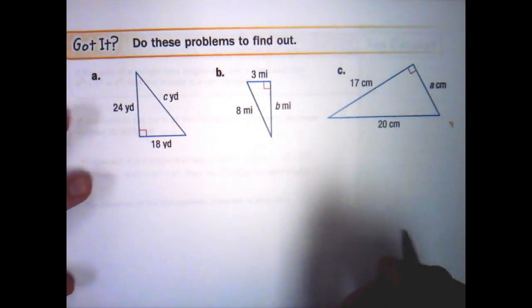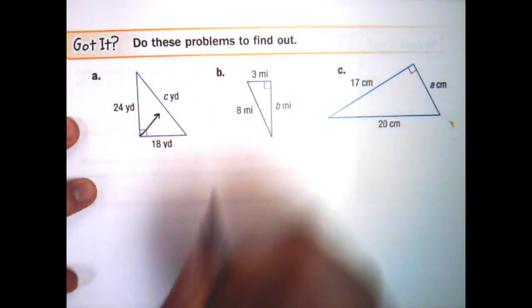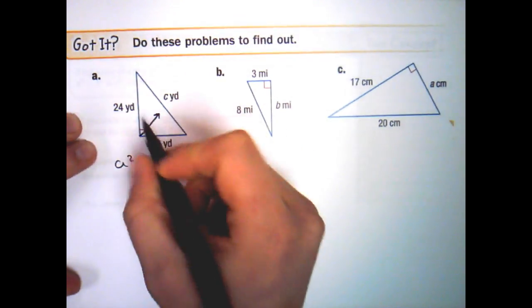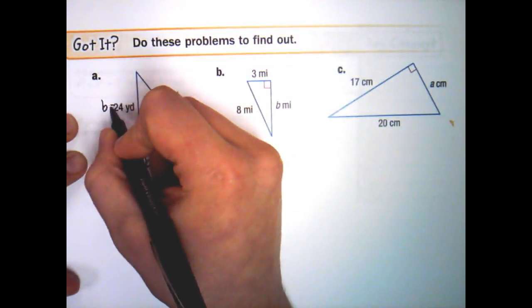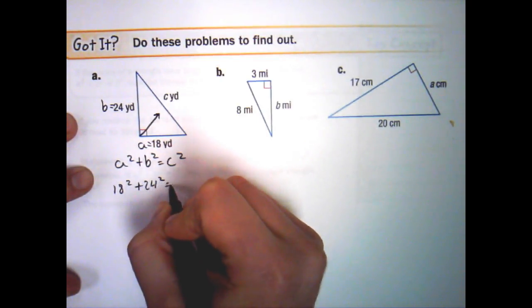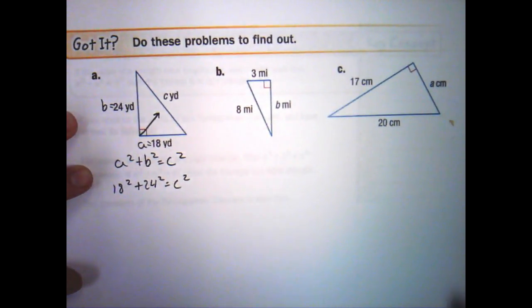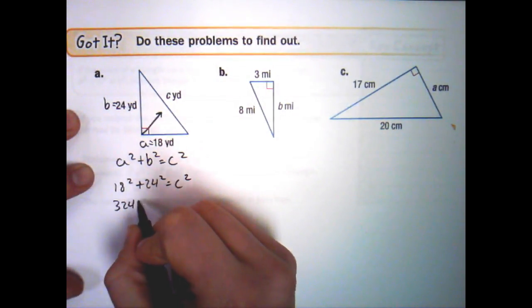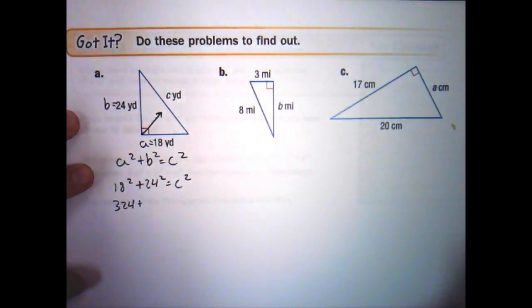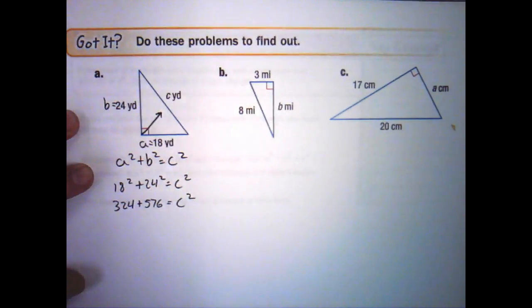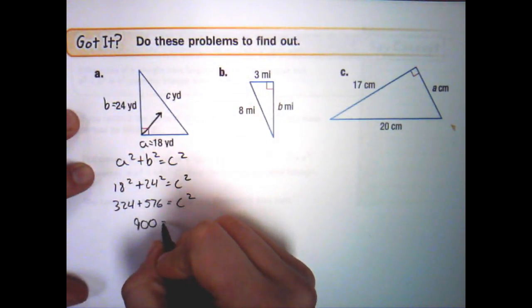Let's go through these answers. So again, identify the hypotenuse. This is C. Pythagorean theorem. Plug these in. I'll say this is A, this is B. So 18 squared plus 24 squared is equal to C squared. 18 squared is 324, plus 24 squared, which I should remember, is 576, equals C squared. 324 plus 576 is 900.